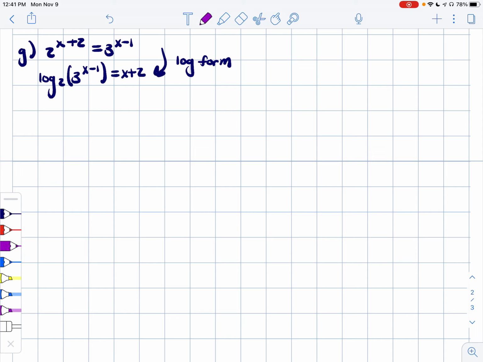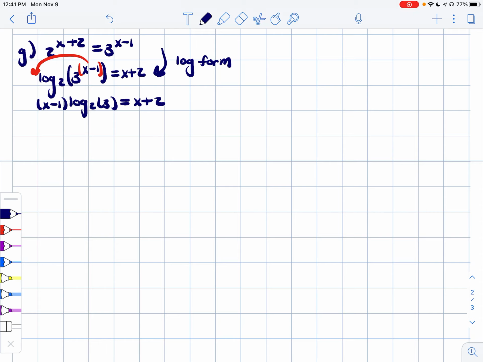From here, now that we have this in a log, we can use log properties. So this exponent, we can use our power rule to bring that exponent out front. And this would become x minus 1 times the log base 2 of 3 is equal to x plus 2.